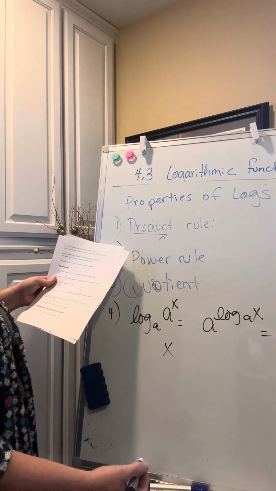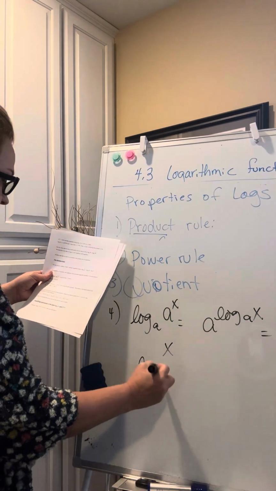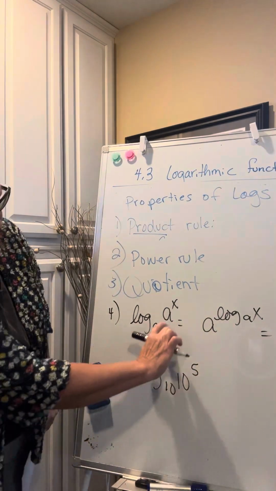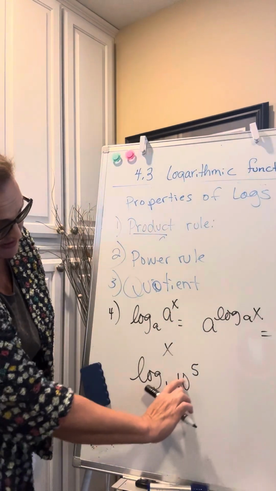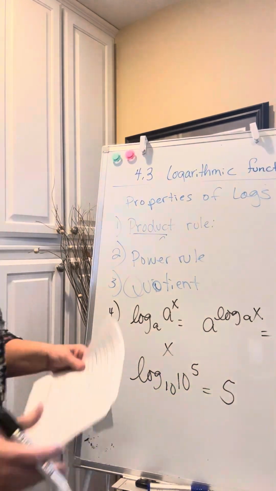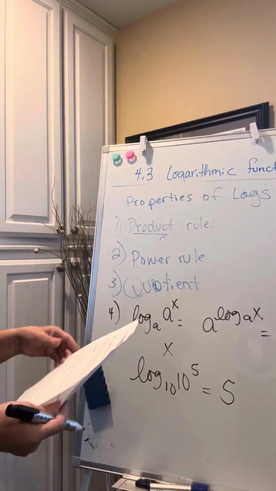Here's an example. Log base 10 of 10 to the 5th would be of this form. These two things are the same, so it just brings that number down. That would be 5. You can try that one on your calculator.